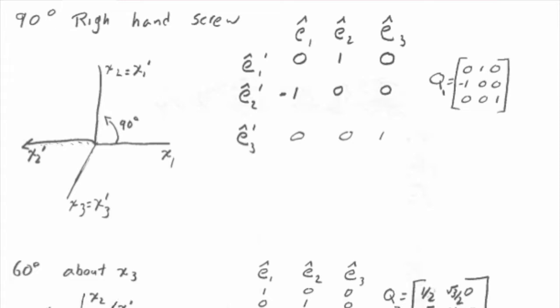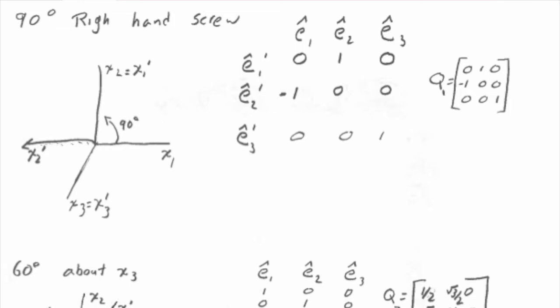We have x1 going to x2, right? x1 goes to x2, x2 goes to minus x1, and x3 stays at x3. All right?